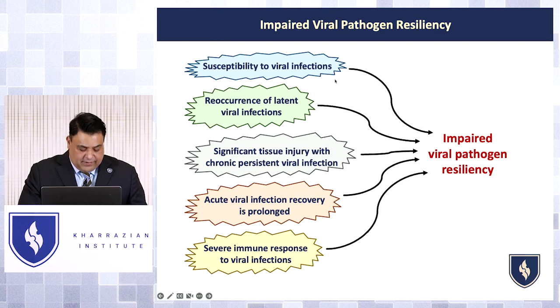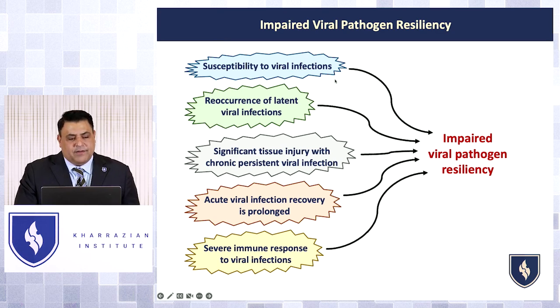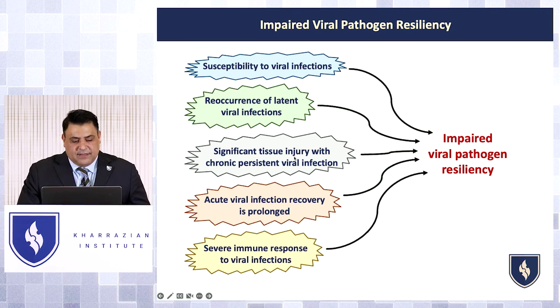Impairment shows up as susceptibility to viral infections, constantly getting whatever's coming around every year, all the time, no matter what. Reoccurrence of latent viral infections, significant tissue injury with chronic persistent viral infections. So they get a viral infection, but they get systemic inflammation all throughout their body. And that's what you saw with people that had cytokine storms and significant manifestations of SARS-CoV-2 recently with the pandemic.